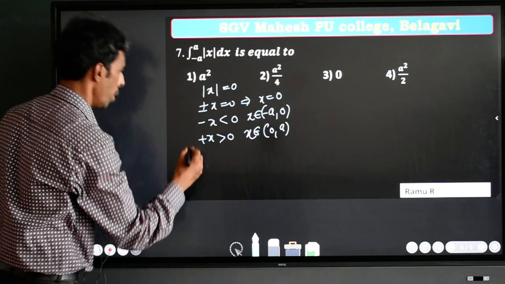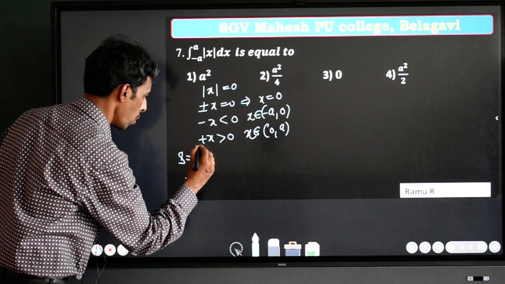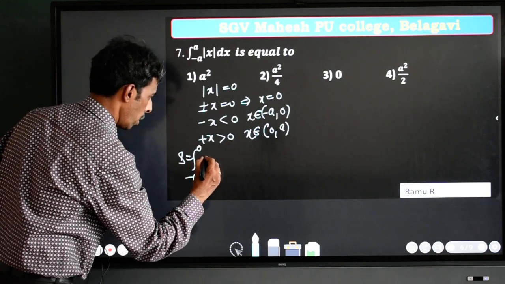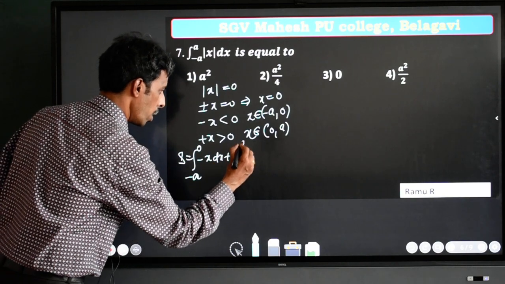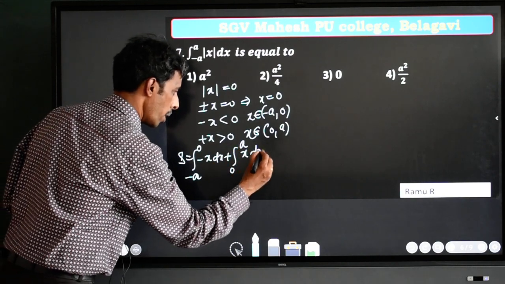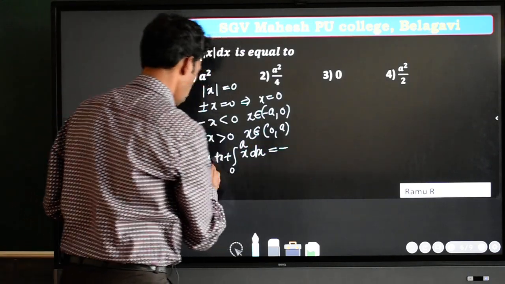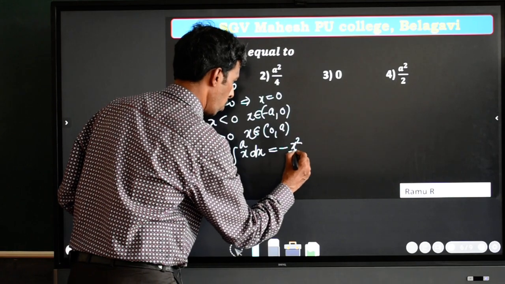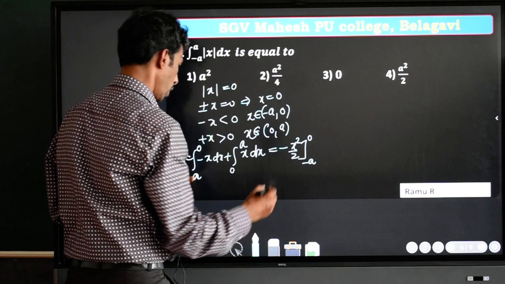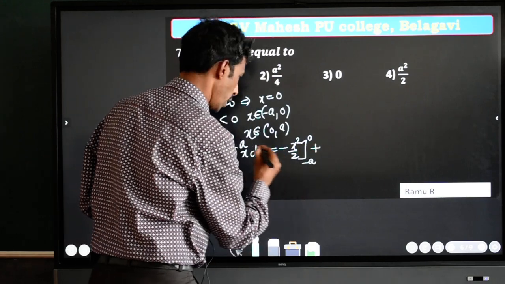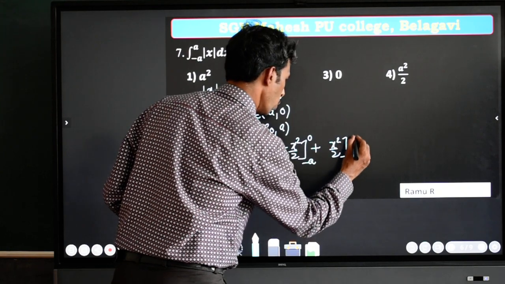Then apply the limits in this term. I is equal to the integral from minus a to 0 of negative x dx, plus the integral from 0 to a of x dx. This is equal to minus the integration of x, which is x square divided by 2, from minus a to 0, plus the integration of x, which is x square divided by 2, from 0 to a.